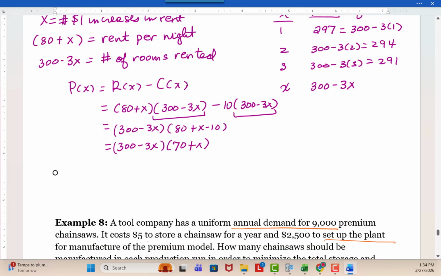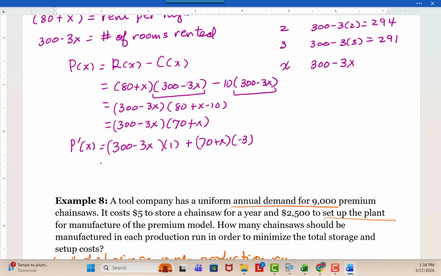All right, now we're going to go ahead and find our derivative. So P prime is the first times the derivative of the second plus the second times the derivative of the first.